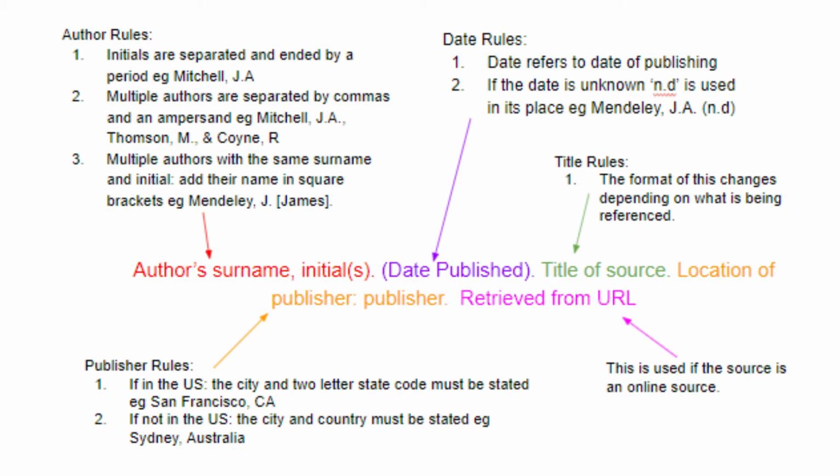That must be followed by the location of the publisher and then the publisher itself. And then period again. If you have gotten the information from an online source, then you must also put the URL or the website where you got it. You may also add there the date when you got that online source.